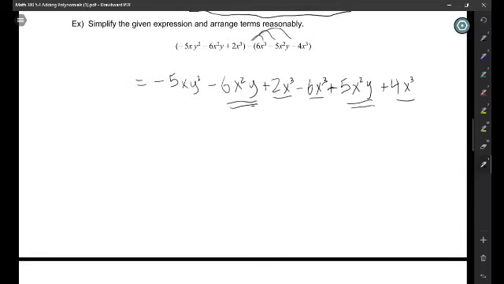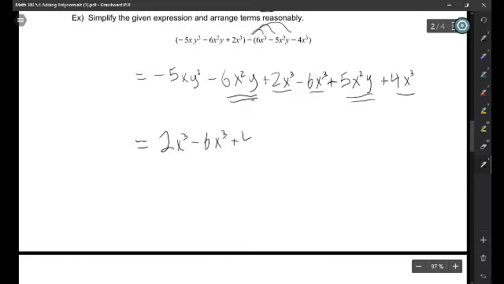So we get 2 minus 6. Well, let's arrange them. 2x cubed minus 6x cubed plus 4x cubed. And then minus 6x squared y plus 5x squared y. And then minus 5xy squared.